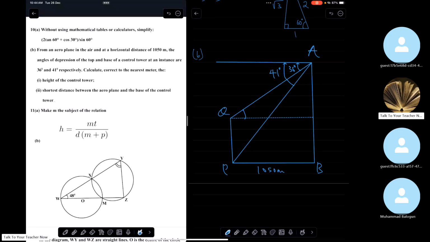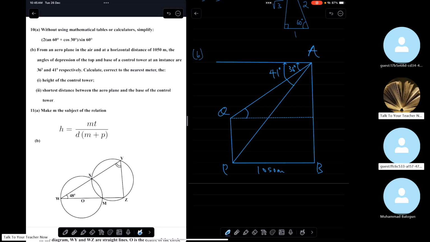Balogun, what's this angle? If this one is 36. Hello? What's that angle? If which one is 36? If this one is 36, you see, you were not paying attention.